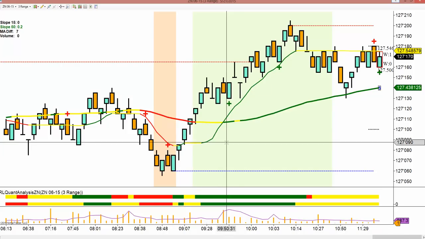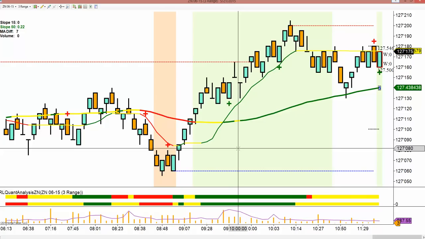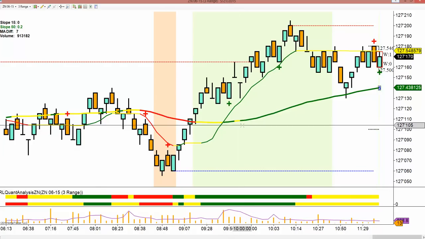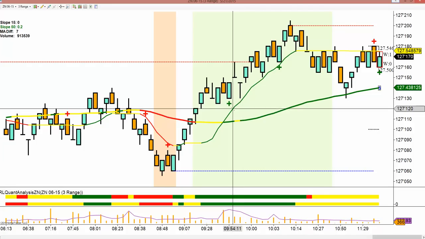Here we go. And when you have the quant lines moving with background bias, which assesses order flow, market structure, price action, support, resistance on multiple additional higher time frames, you really have a powerful setup.